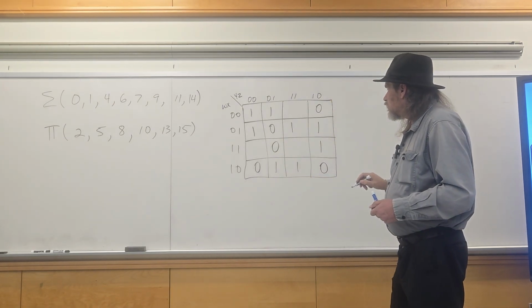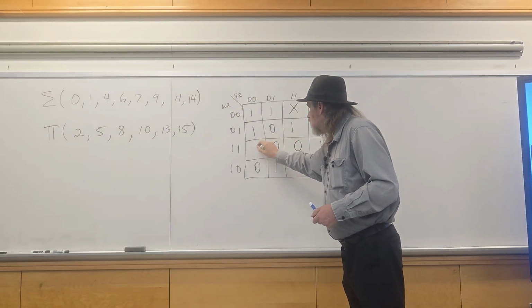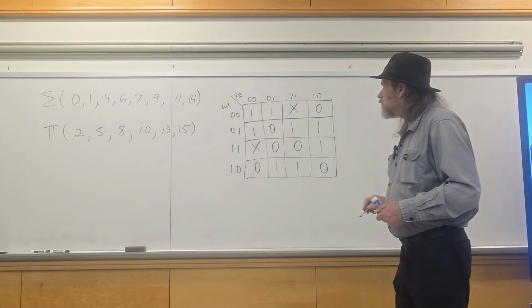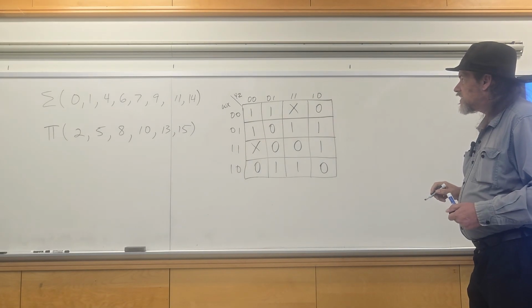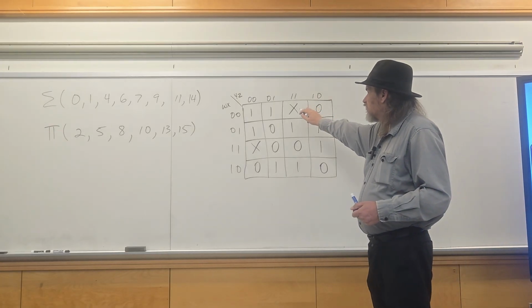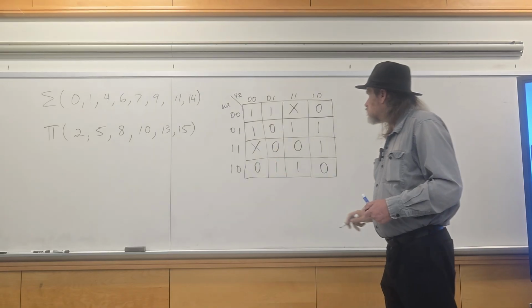And 15 is 1, 1, 1, 1. And these are don't cares. If you go through them, you'll see that 3 is missing and 12 is missing.